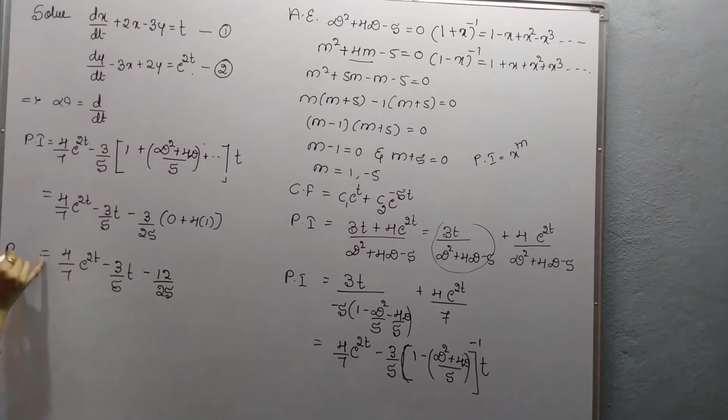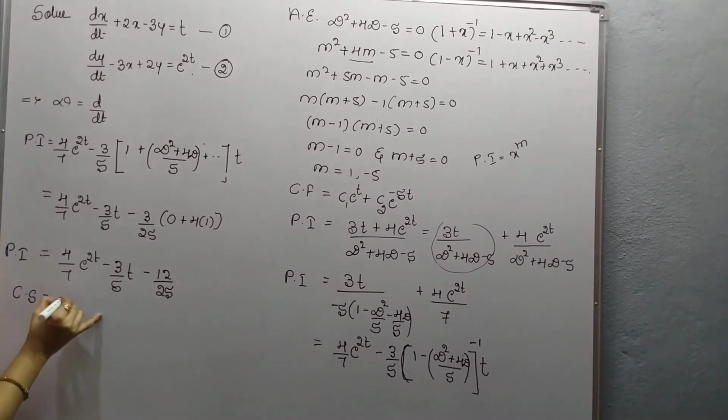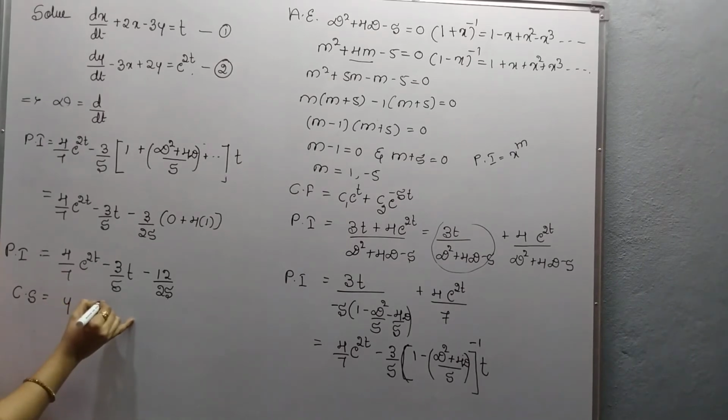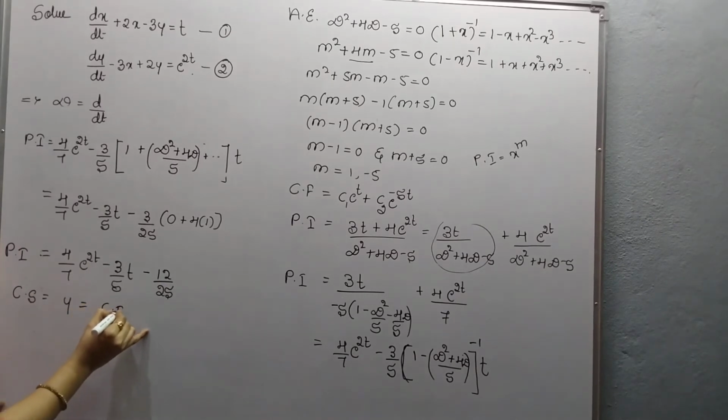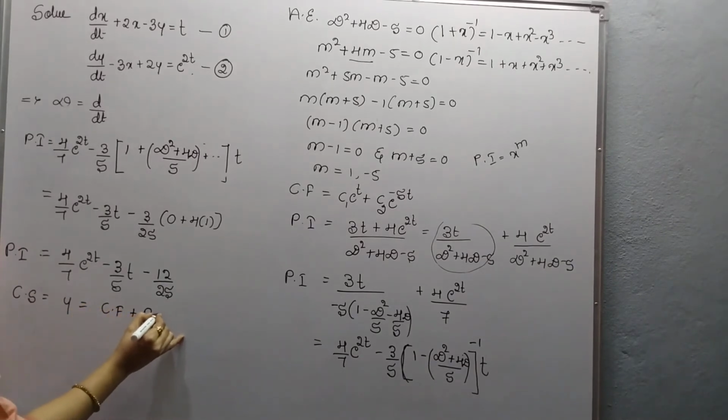This is the particular integral. Now we write the complete solution. The complete solution, in terms of y, is y equal to the complementary function plus the particular integral.